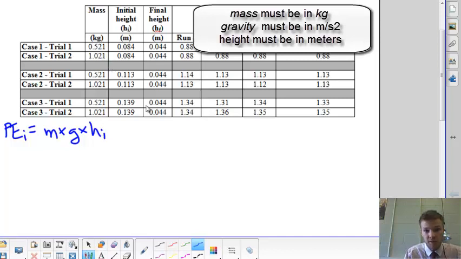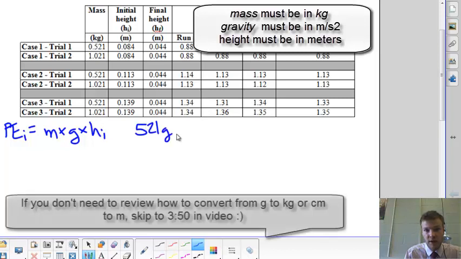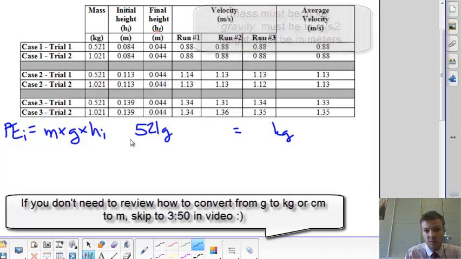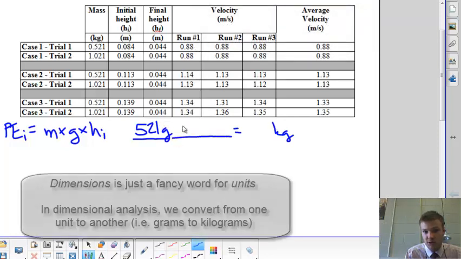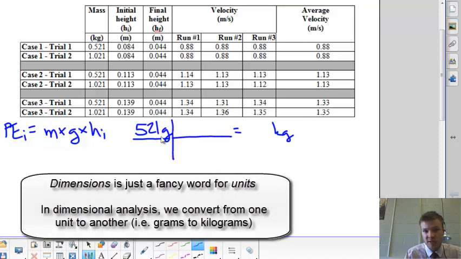This first one, I've got 521 grams for my mass, and I need to get this in kilograms. So I'm going to set up my dimensional analysis. I'm measuring dimensions and canceling them out. I know my conversion is 1,000 grams equals 1 kilogram.